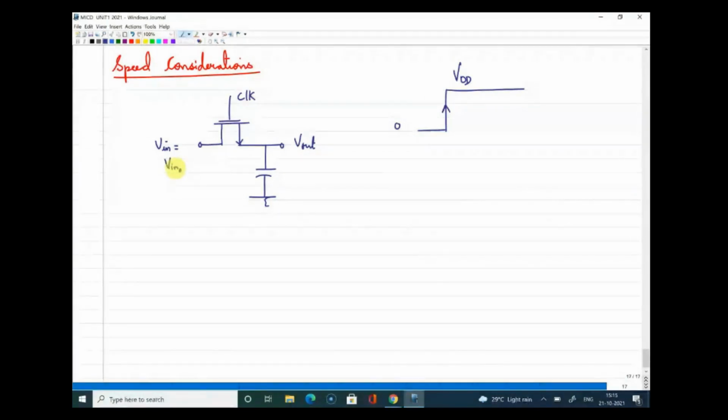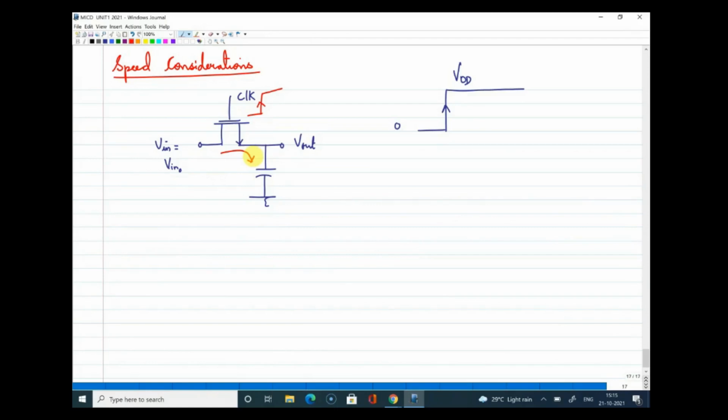When there is a switching from 0 to VDD at this point, the MOSFET turns on, and as a result there will be a current flow here. The capacitor will start charging, and it will charge to the input voltage V naught. But it depends on the value of V naught. As of now, I'm assuming that V naught is well below VDD minus VT, so that the output can also charge to that value.